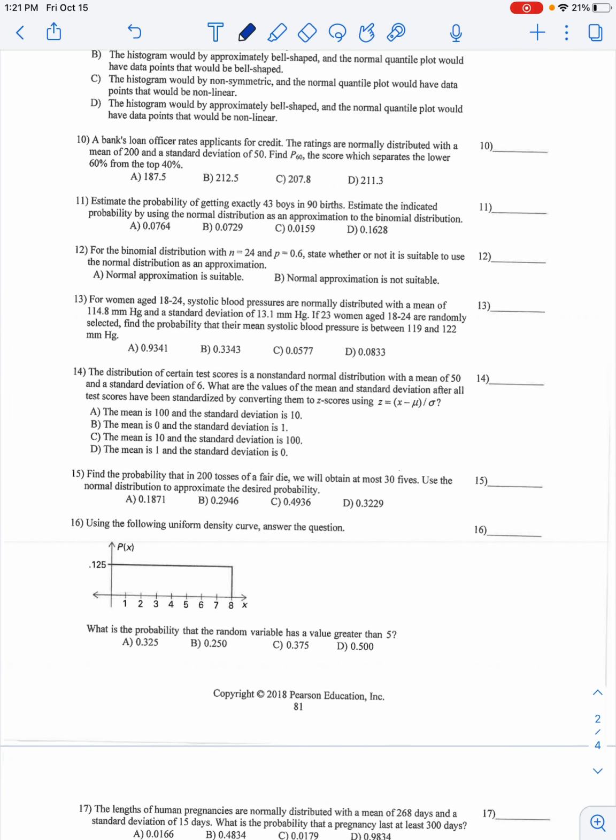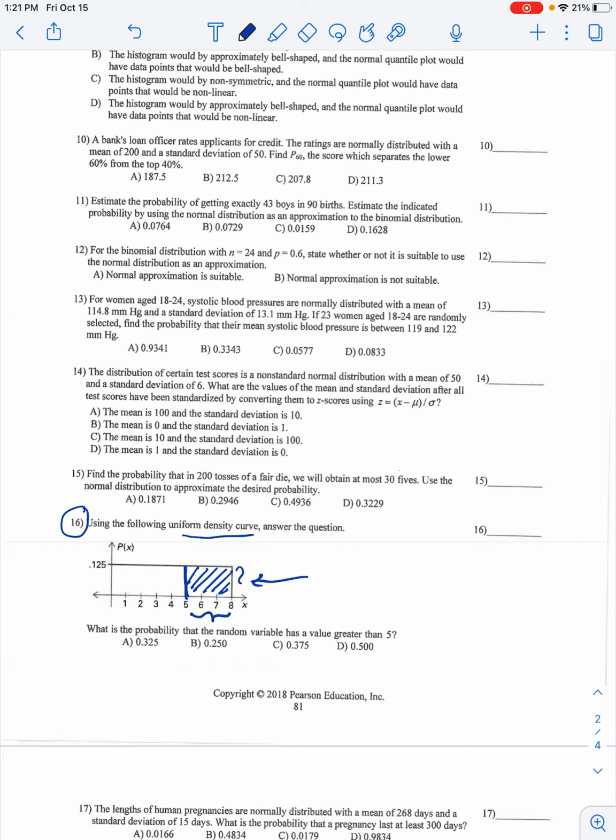Let's do one uniform distribution as well. It says, what is the probability that the random variable has a value greater than 5. They gave you the uniform density curve. Greater than 5, you would say, I'm looking for this area right here. This is a rectangle.